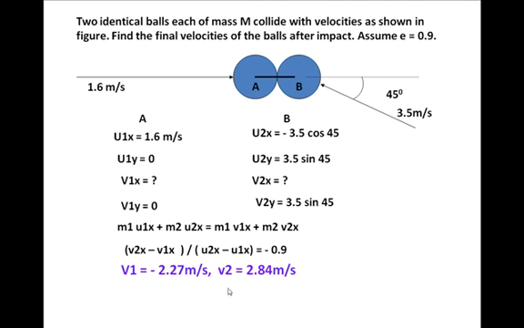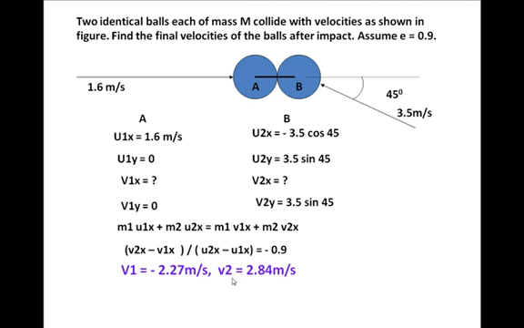Now we have to just remember that when I am working out v1, I will get v1x from these two answers. v1y is 0. So the final velocity is actually the square root of v1x square plus v1y square. v1y is 0, so the magnitude of v1x will match with v1.